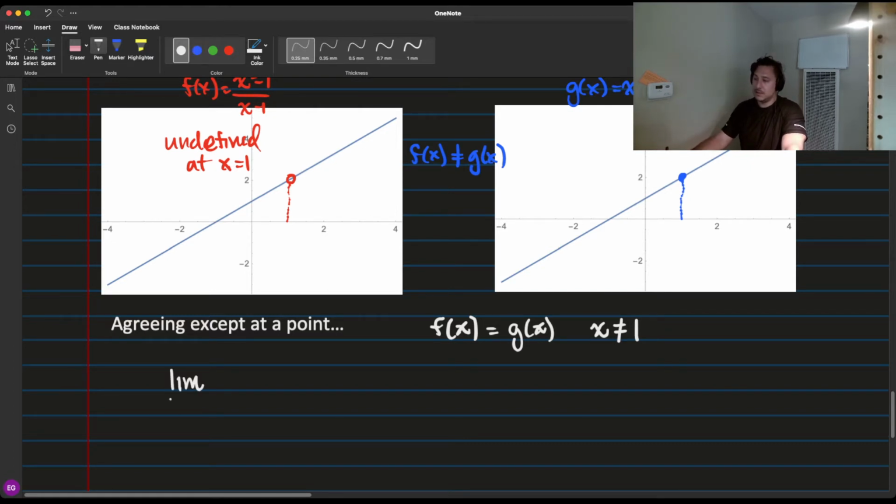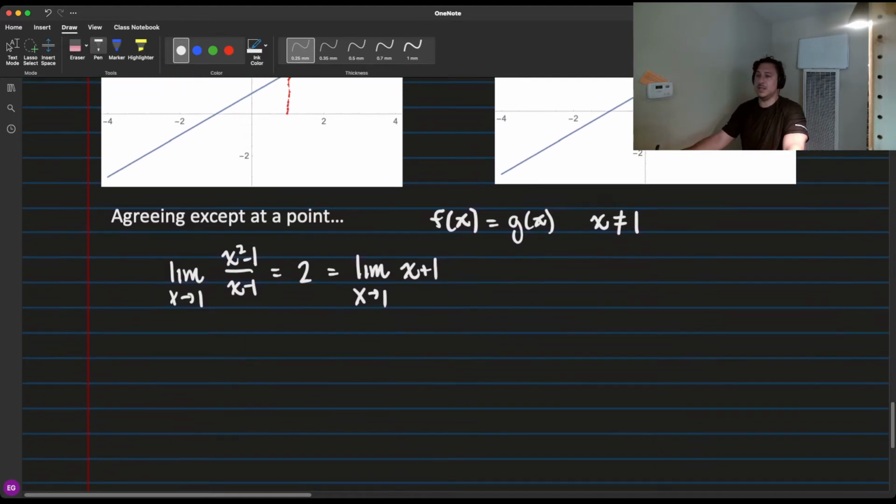In other words, the limit as x approaches 1 of x squared minus 1 over x minus 1, you can see that it approaches a value of 2, and that's the same thing for the limit as x approaches 1 of x plus 1. And this actually always happens.